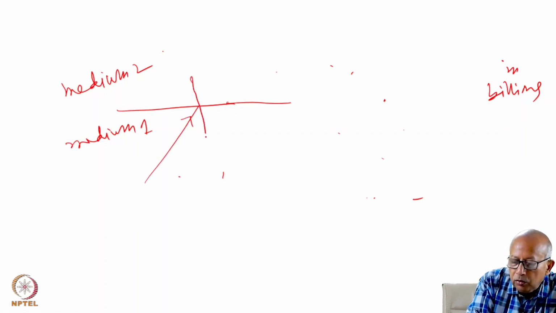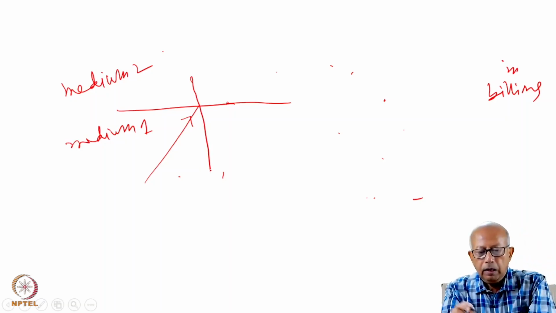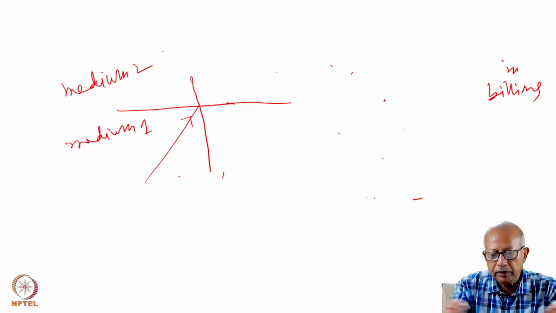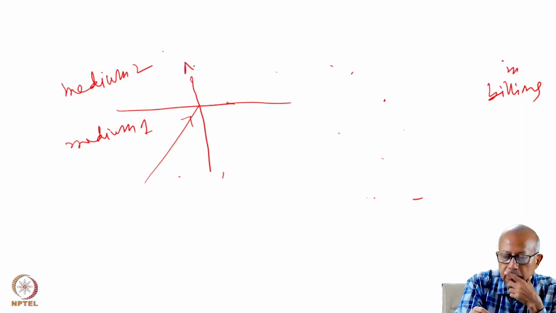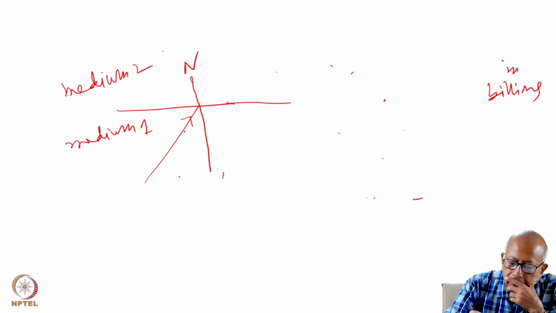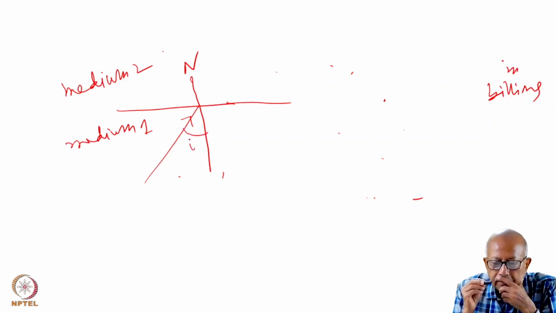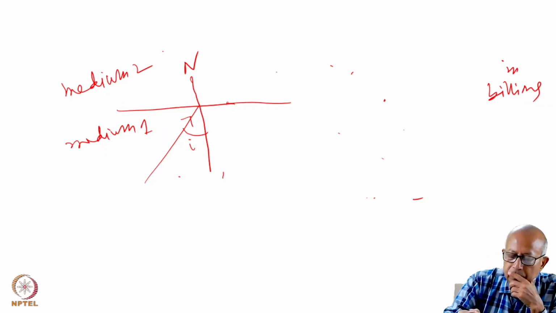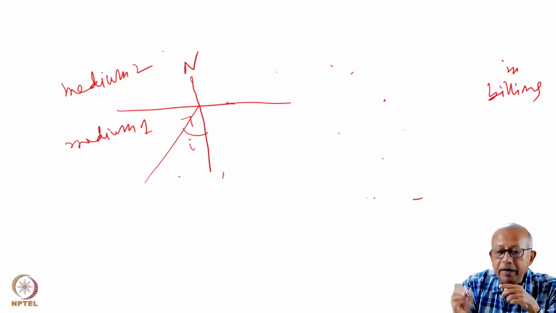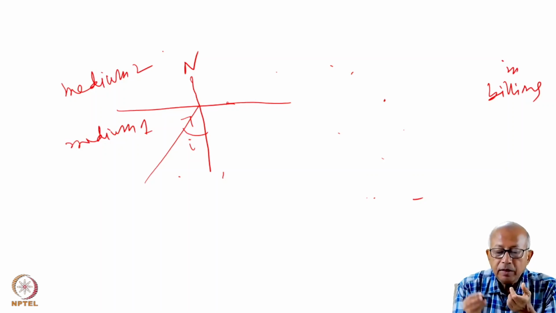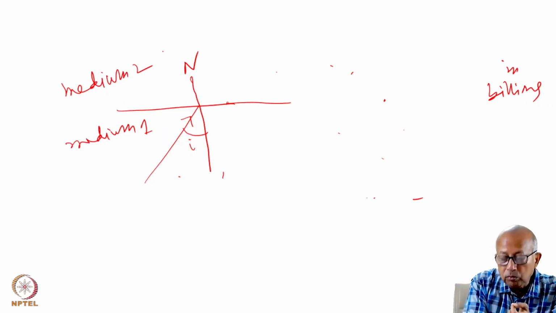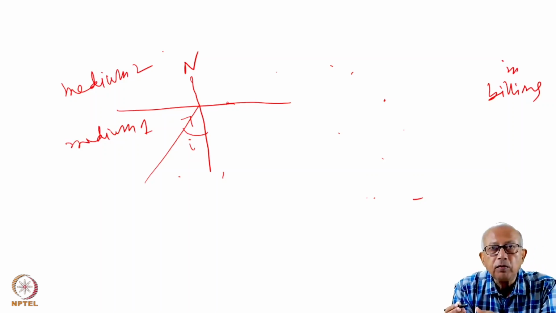At this point, we draw the normal on the reflecting surface, and this is, suppose, the angle of incidence I. Then light enters the second medium, but it bends while entering, and it can bend both towards the normal as well as away from the normal.